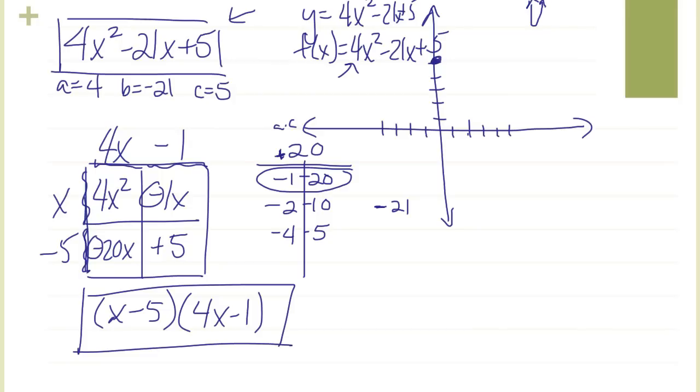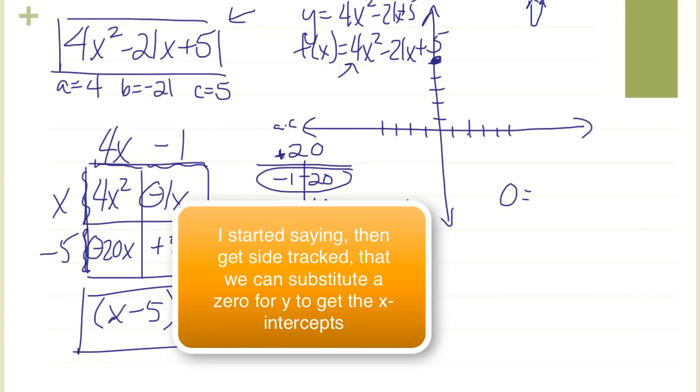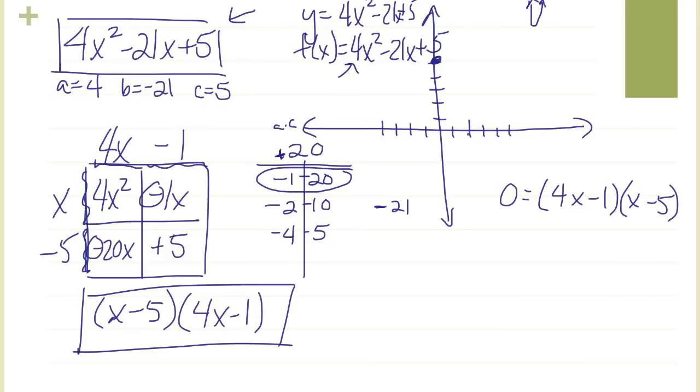Our little preview is, if we were actually going to be graphing this, we say, well, we know that the x-intercepts are, I can show the factored form of this. You're going to see this is called intercept form. And I know that the answer to this little baby equation, this is just a preview of what we're doing in the next couple days, the answer to this little baby equation is 1/4.